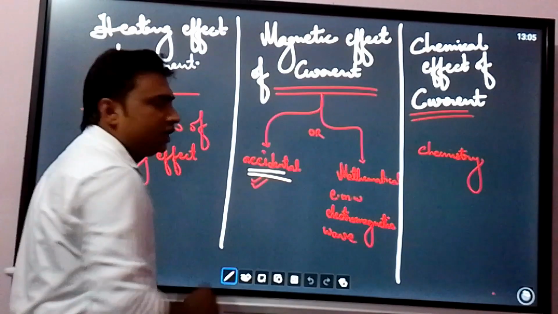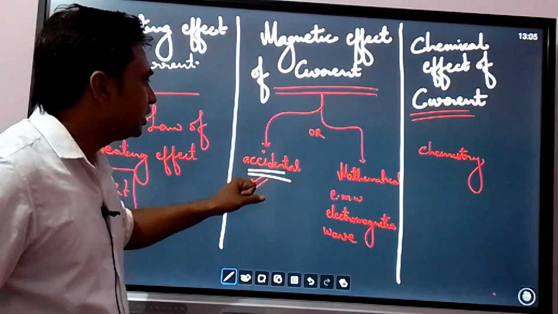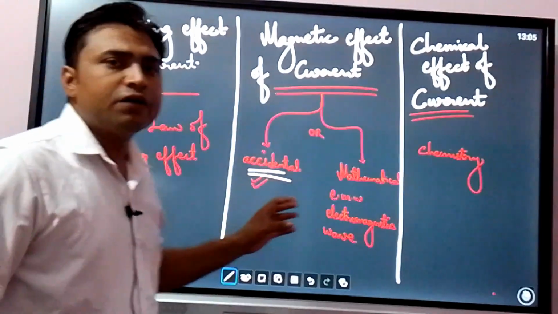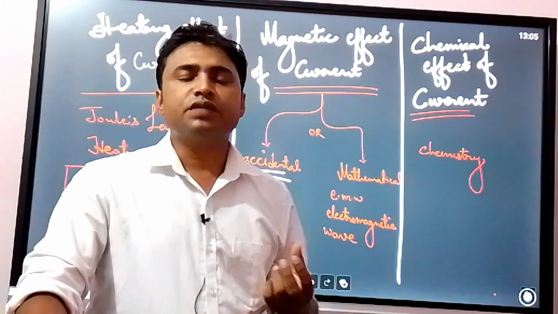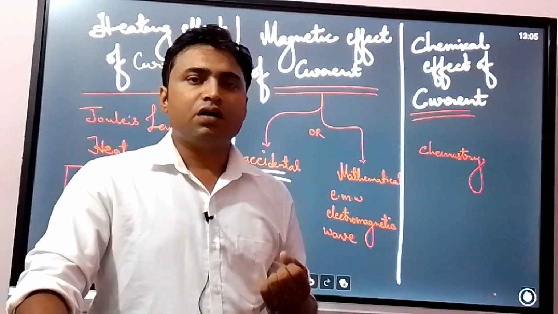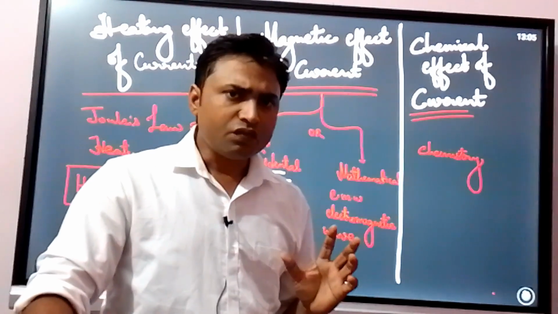How the discovery of the magnetic effect of the current took place, we will see by going through the scientist's experiment: what type of experiment he did and what the name of the scientist was.